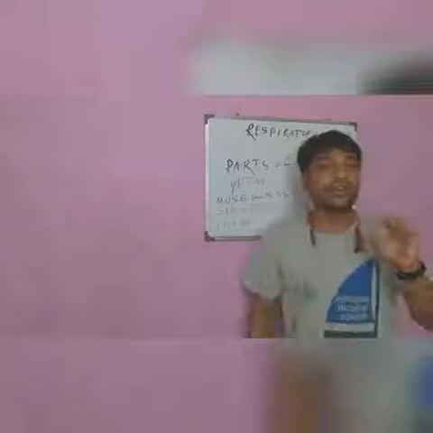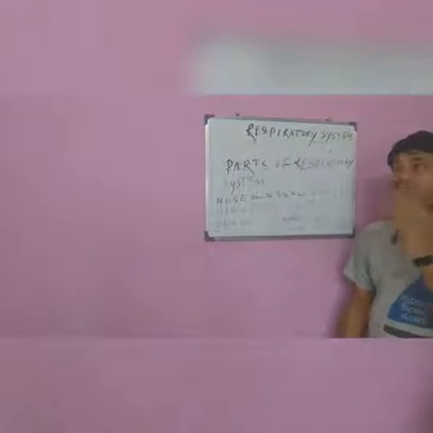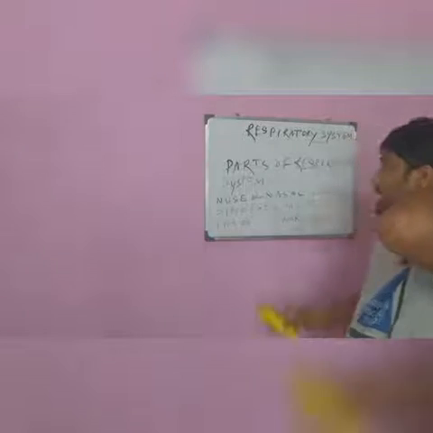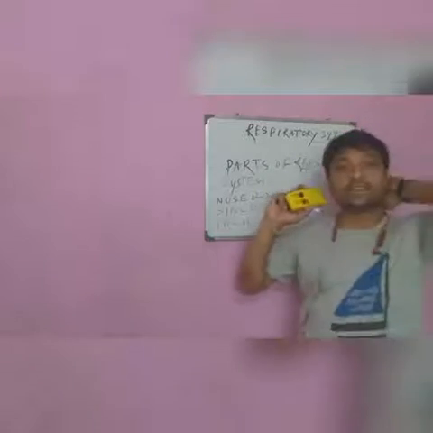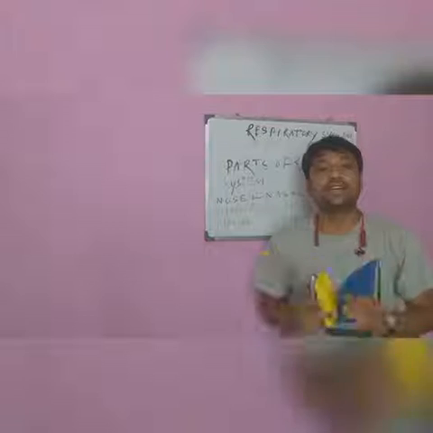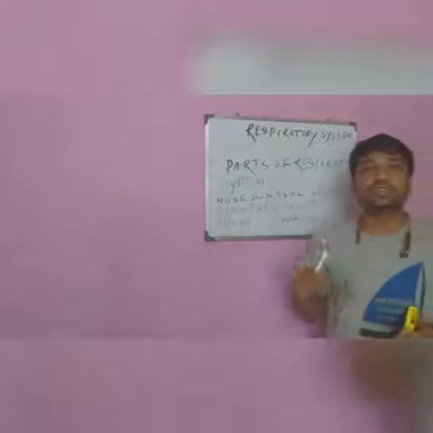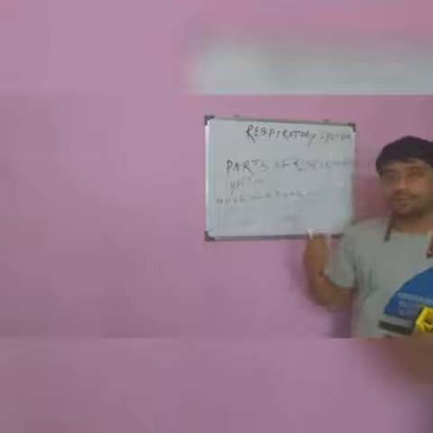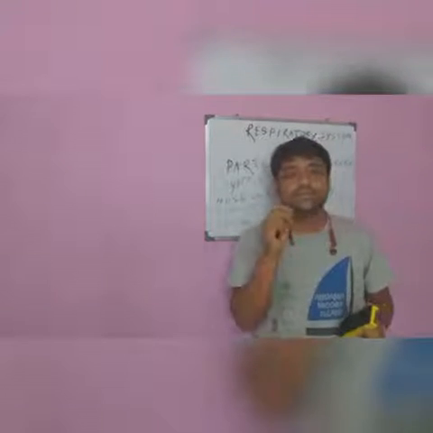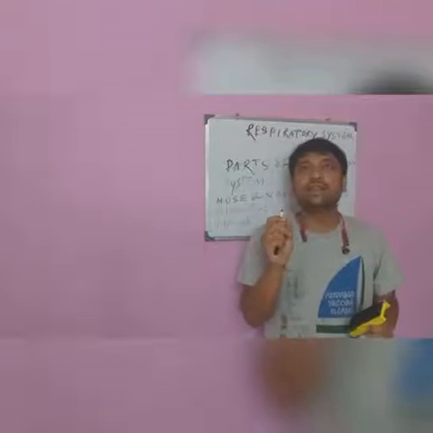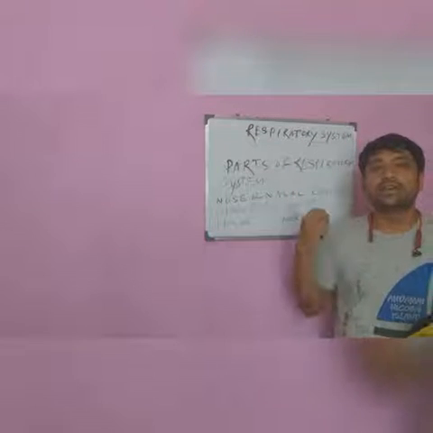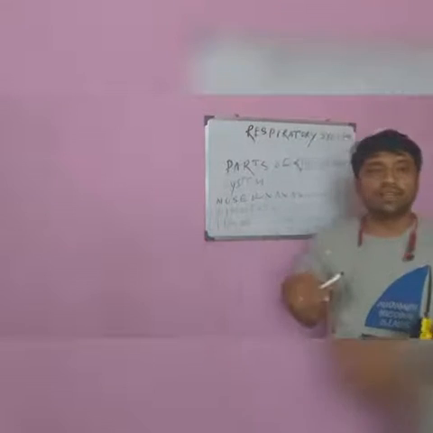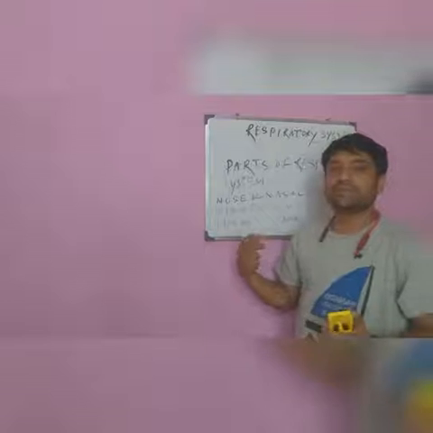So first of all, I have already discussed with you what the respiratory system is. The respiratory system is the set of organs that allows a person to breathe and exchange oxygen and carbon dioxide throughout the body. Examples are the human nasal passages, larynx, trachea, bronchial tubes, lungs, alveoli, sinus, mouth, throat.